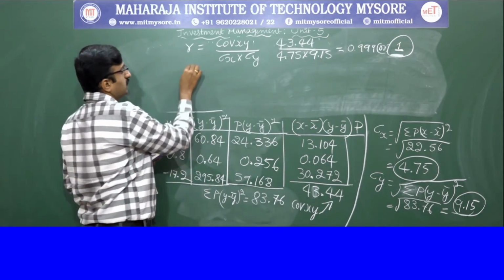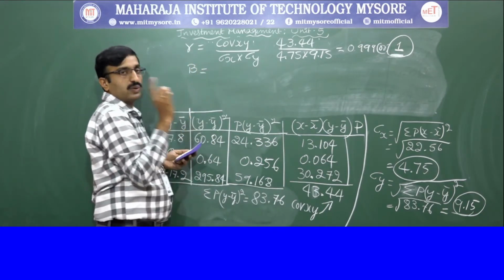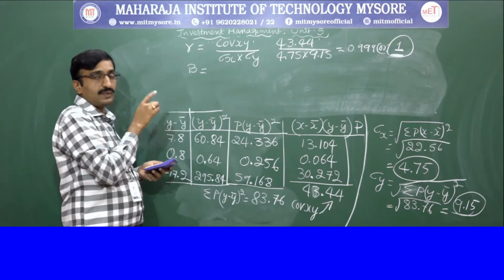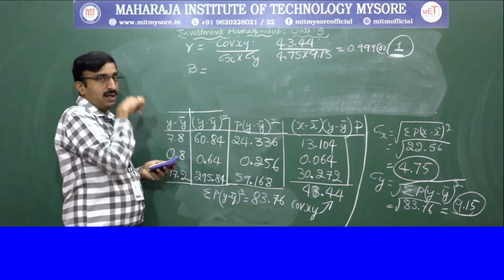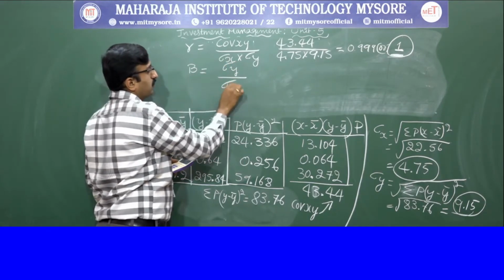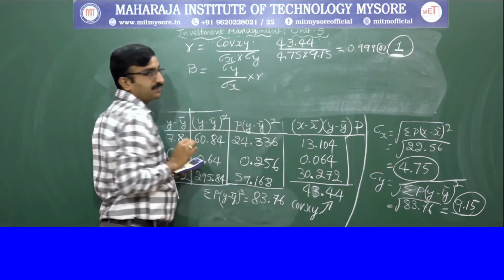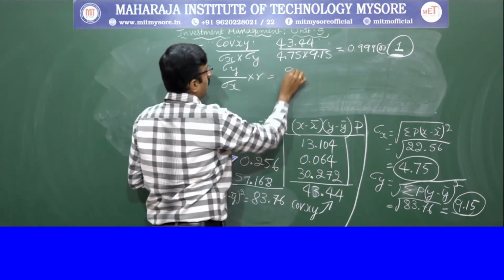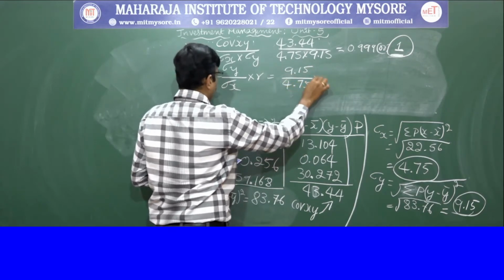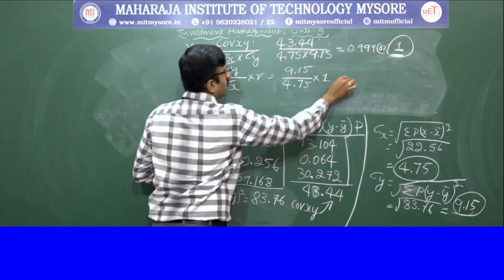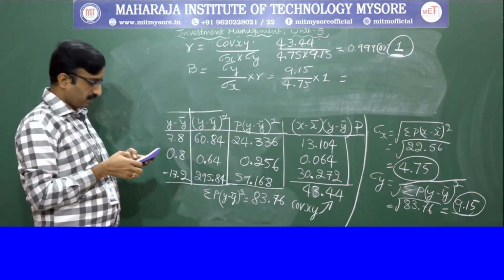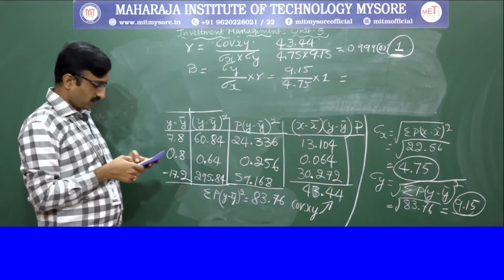So then moving on to calculation of beta. Beta is equal to, what is the formula? Here the formula will change under CAPM beta calculation. We have to apply standard deviation of y divided by standard deviation of x, whole into r. Standard deviation of y is 9.15, x is 4.75, whole into 1.